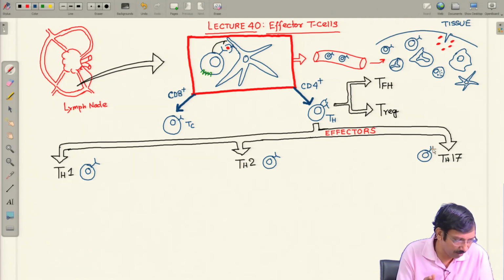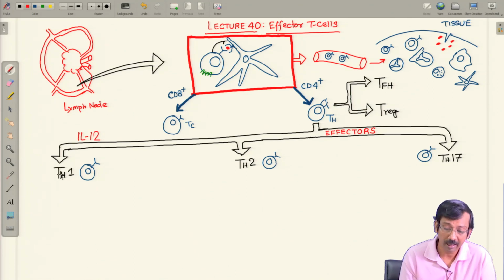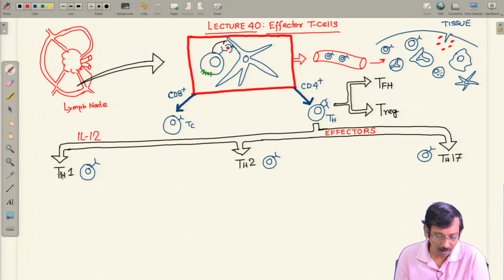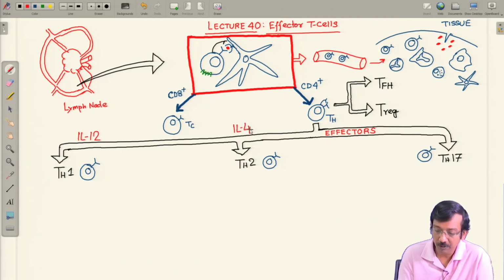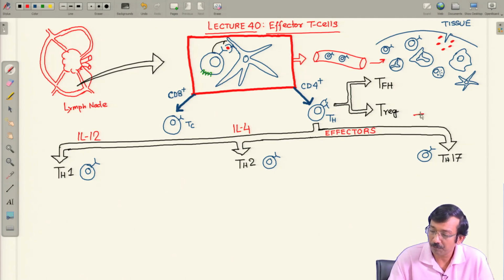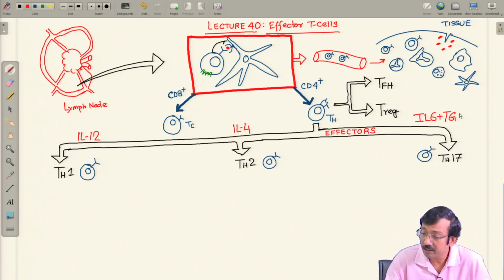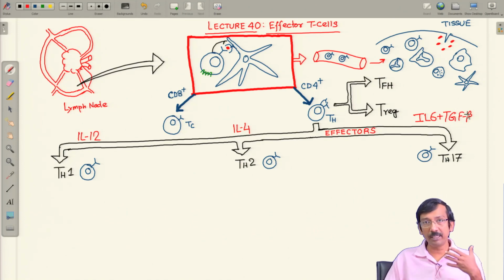For example, if there is a lot of interleukin 12, IL-12, in the surrounding, then it will develop into a Th1 cell type. If there is a lot of interleukin 4, IL-4, it will develop into a Th2 cell type, and if there is a lot of IL-6 along with TGF beta together, then it will develop into a Th17 cell type.